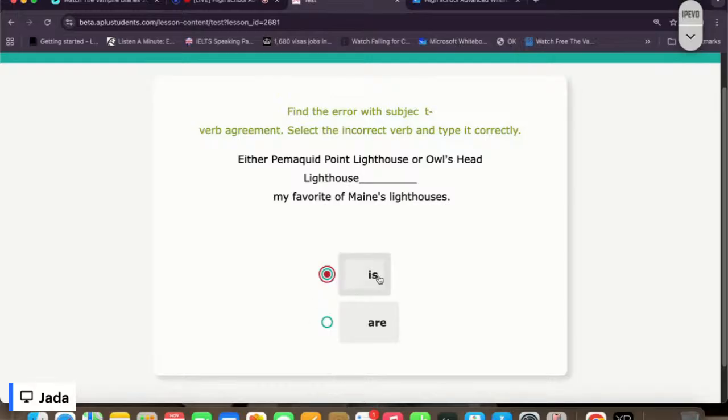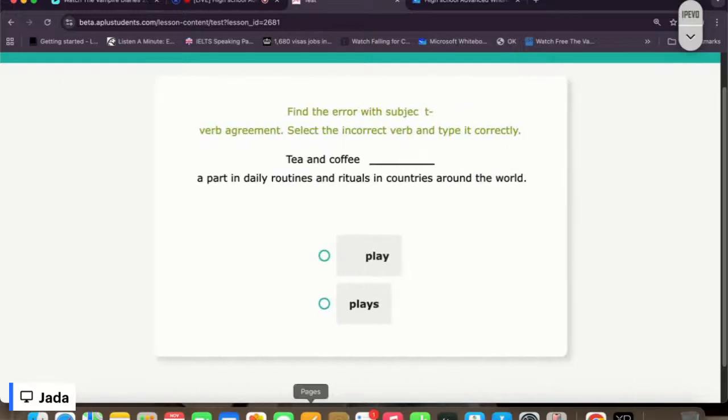So we have is. Tea and coffee dash a part in daily routine and rituals in countries around the world. Play or plays?